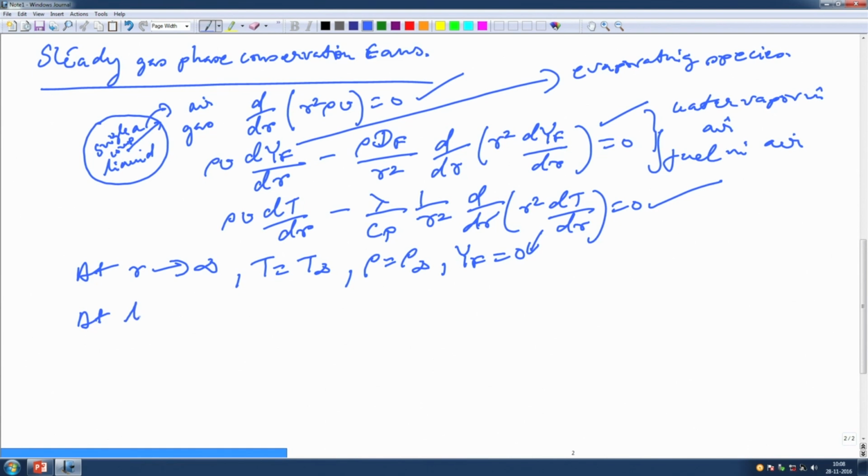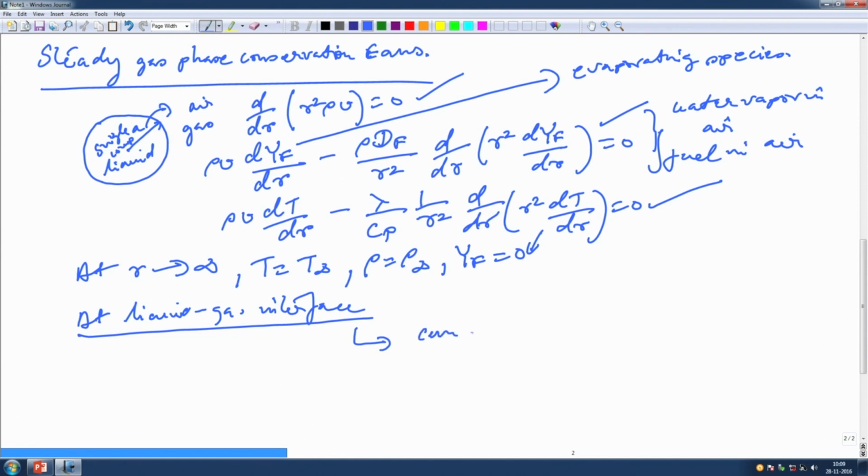So, at the liquid gas interface, okay. The liquid gas interface is very important, because we are dealing with all these interfaces. So, how can it be derived? It can be derived by integrating the energy and the species equations across r equal to a, in terms of enthalpy. Got it? So, how is it derived?